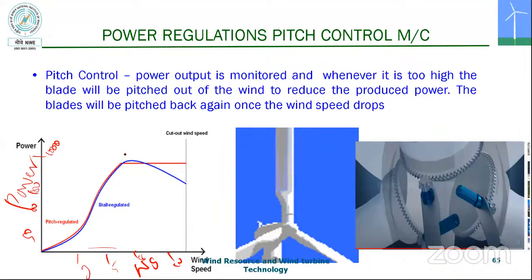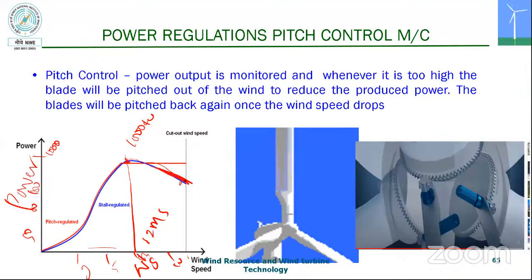When it reaches the rated wind speed, the rated wind speed is the speed at which it can generate the maximum power of the turbine, the nameplate capacity of the turbine. For example, at 12 meter per second, it can generate 1000 kilowatt. When the wind speed increases, the power is coming down because it's stalling.